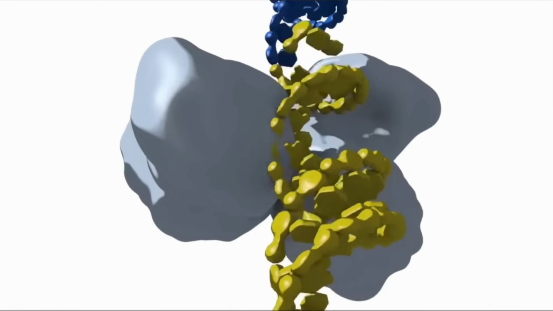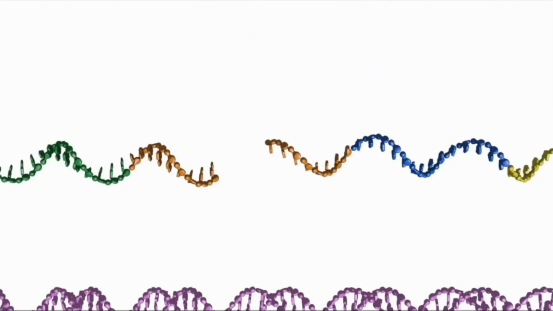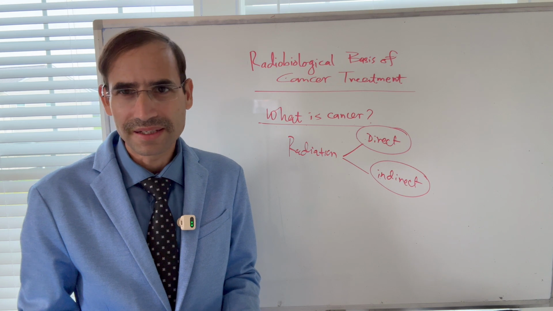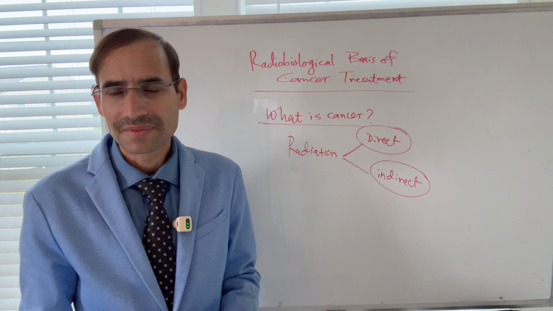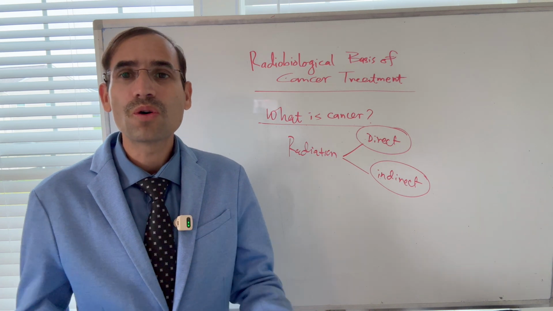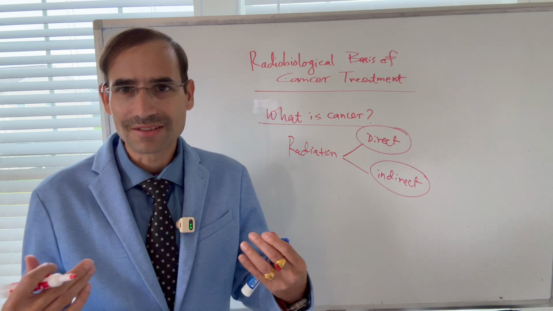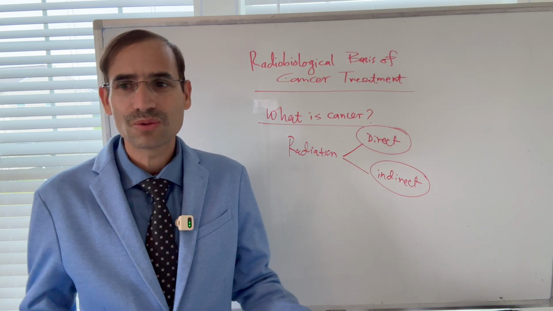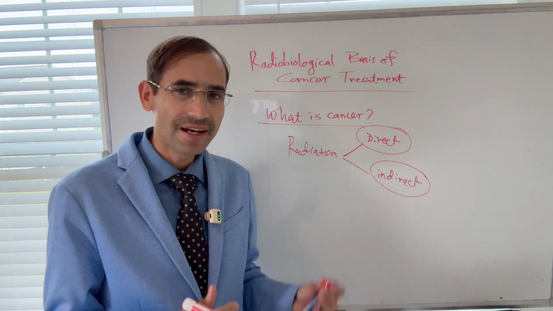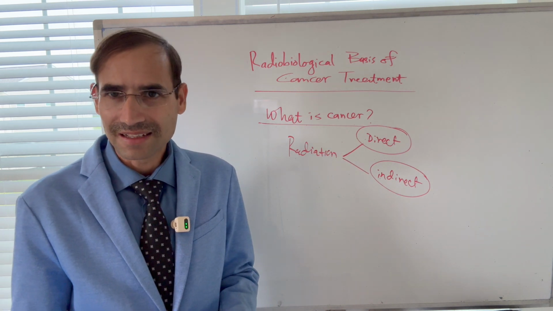If the double strand of the DNA is broken, then it would not repair. Then it will die. That means it will stop the growth of that cell, whether it is a normal cell or a cancer cell. We want to kill the cancer cell, that means we want to kill the DNA of that cancer cell.